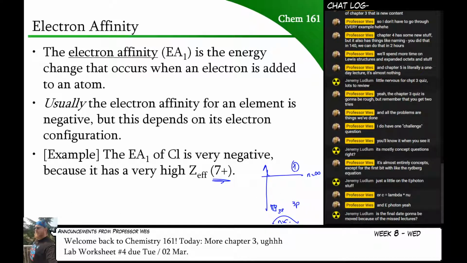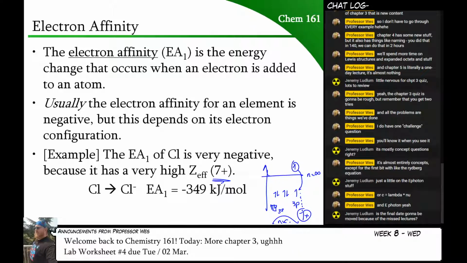Actually, this looks terrible. Hold on. So I'm going to draw it without the boxes here. There we go. My electron's going to fall into this space right here. And this 7+ effective nuclear charge in the nucleus is going to hold it there. So its electron affinity will be very high.